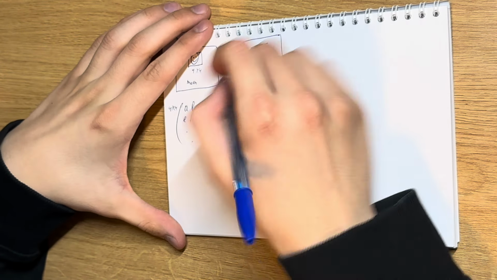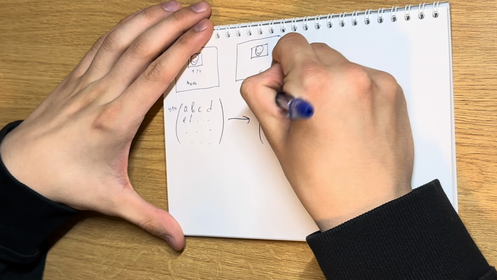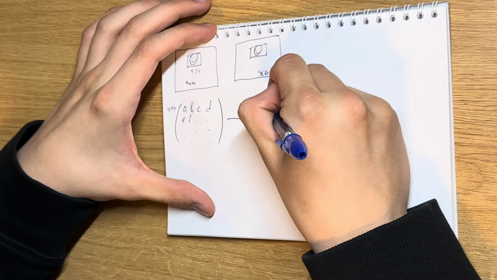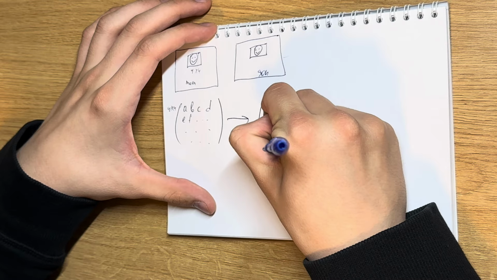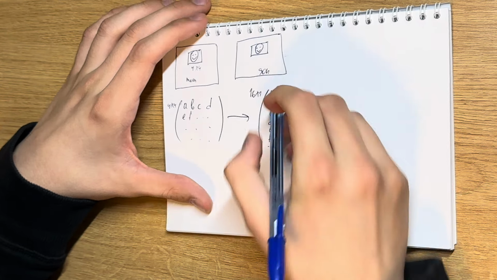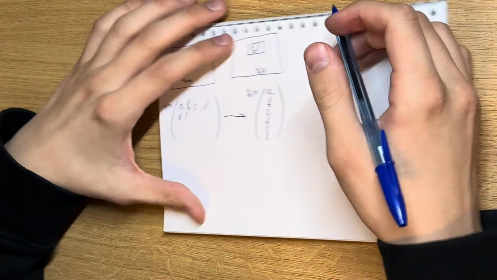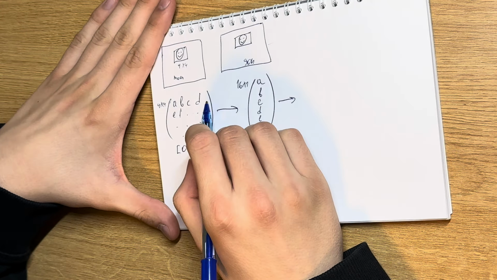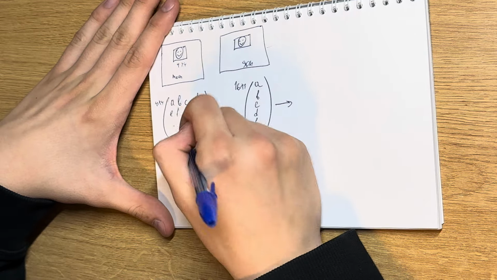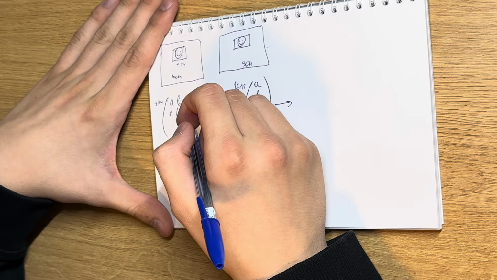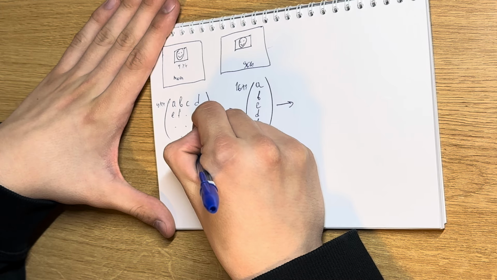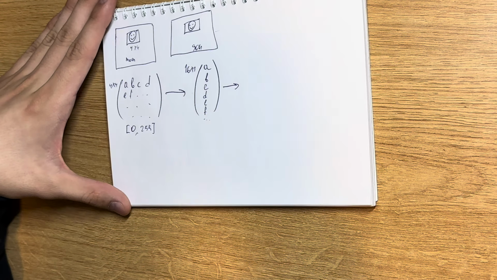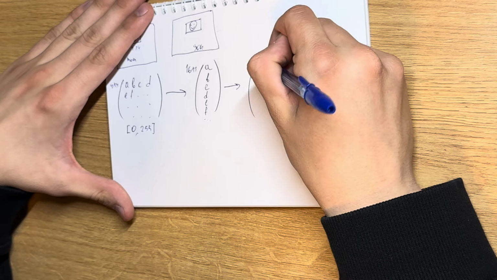How to preprocess it? First of all, we should flatten it. What does it mean? We just compress that 4x4 matrix into one single vector, and its size is 16x1. Since we grayscaled the image, all the elements are in the range from 0 to 255, and it is much more comfortable to normalize it.